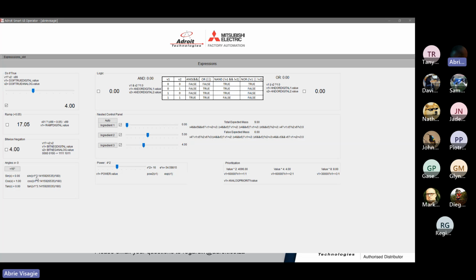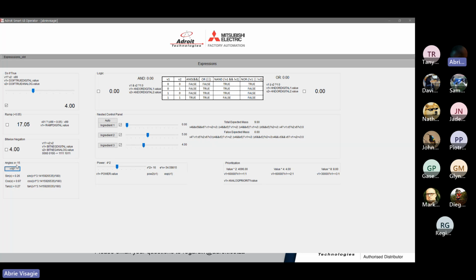We call a variable, which we will see here. And since we're reading it in degrees, we need to convert it to radians since our function expects radians.